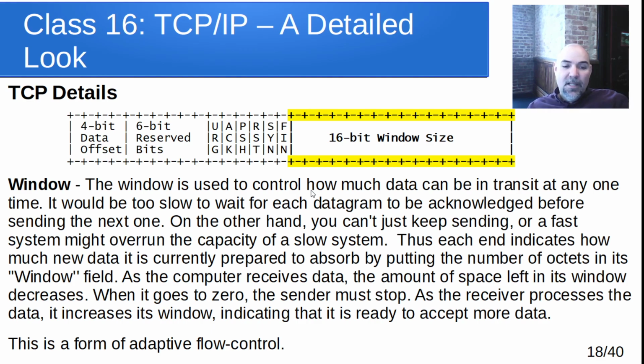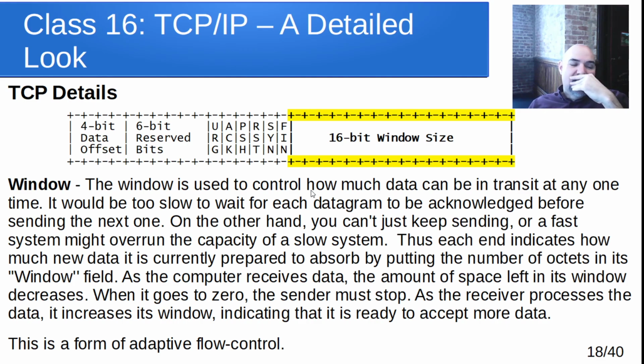In other words, as acknowledgements come in, if the window size that you're sending with the acknowledgement gets reduced, then the sender can slow down the transmission, or if it goes to 0, then the rule is the sender has to stop sending stuff for the time being. So it's used for kind of this handshaking where you can say this is how much it's okay to have in transit at any given time. If that goes to 0, they're saying, hold on, I can't handle any more data right now.